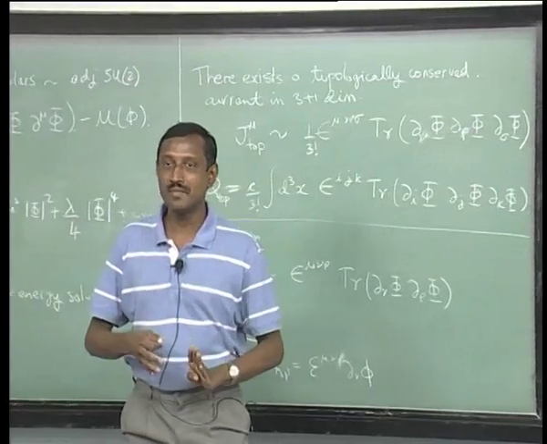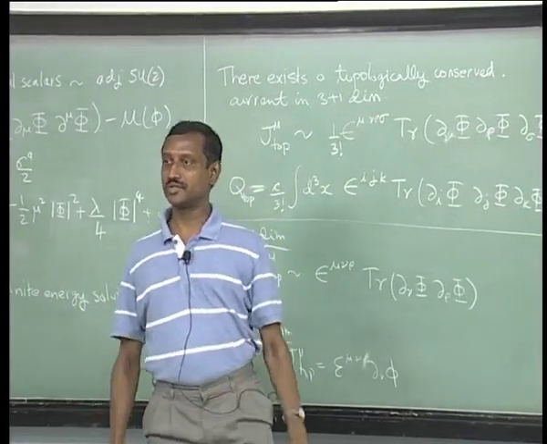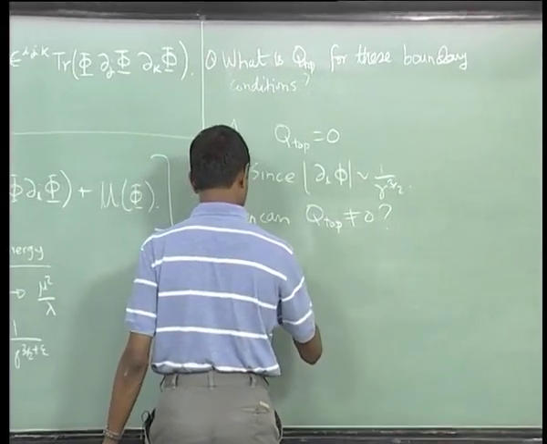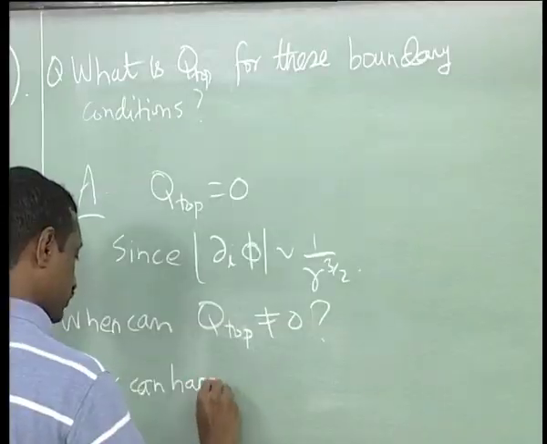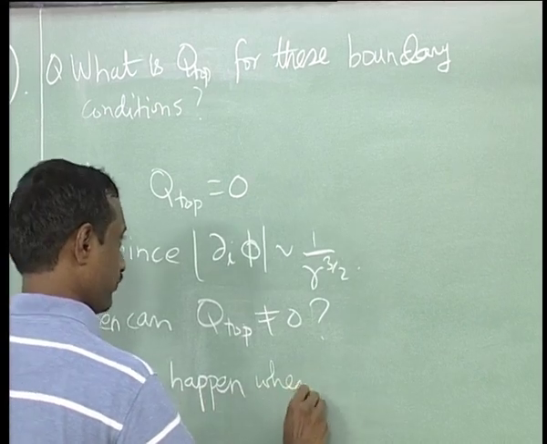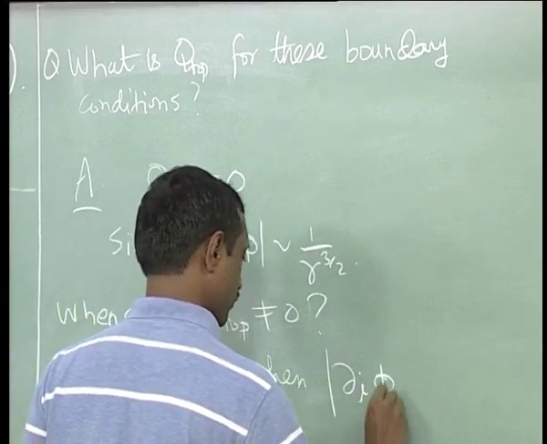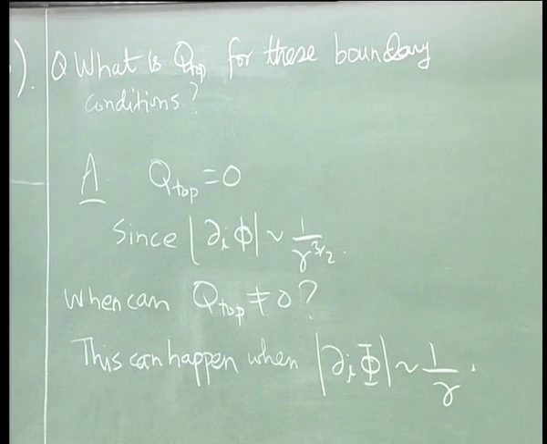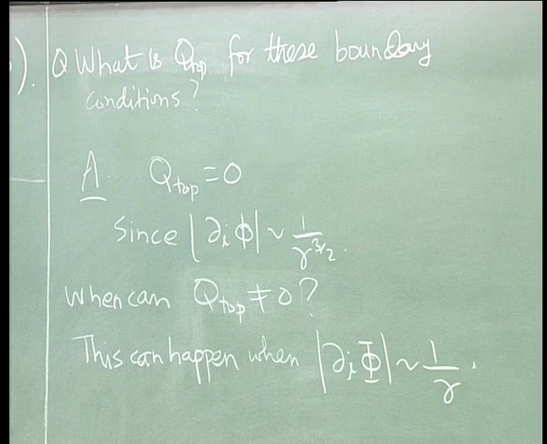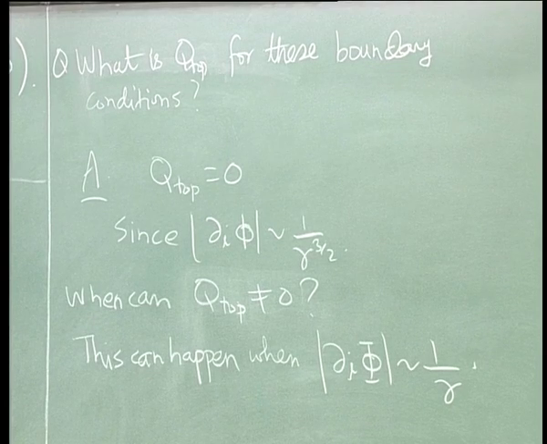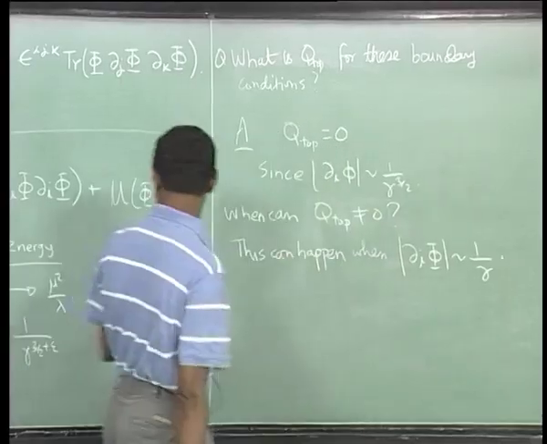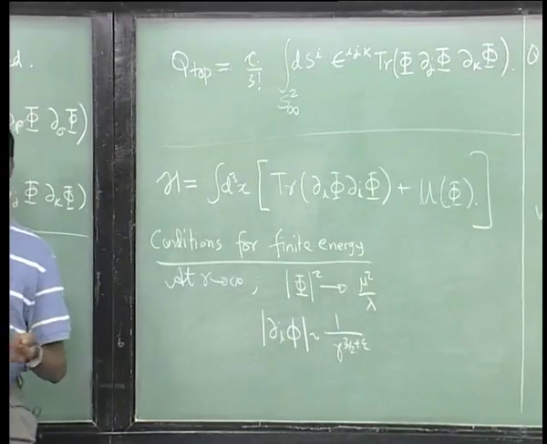If it has a term which is 1 by r, you are in good shape. Okay, then there is a chance, but quite clearly this cannot happen with just pure scalar fields.